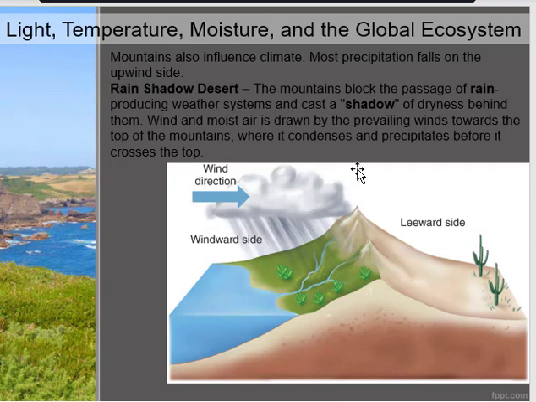And then by the time it gets to the top of the mountains, almost all the moisture and humidity has come out of the air. And so then you get warmer air, it drops down, and there isn't enough rain. And so you get this huge desert area in the western United States.